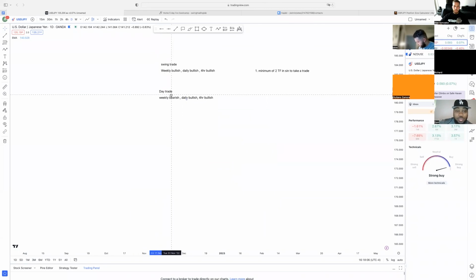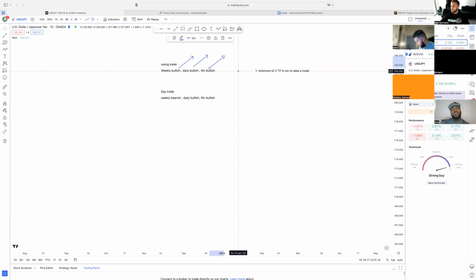So what does this mean? That means that this trade, for example, has the weekly time frame bullish, daily time frame bullish, 4-hour time frame bullish. The most logical thing to do is to take a buy, right? There's no reason why you should be selling off of a 1 hour, 30-minute pullback. It's the most illogical thing to do, right?